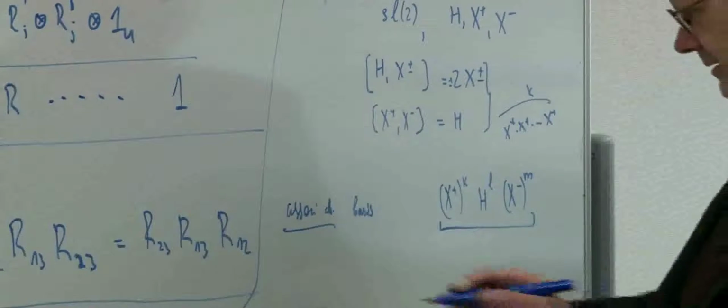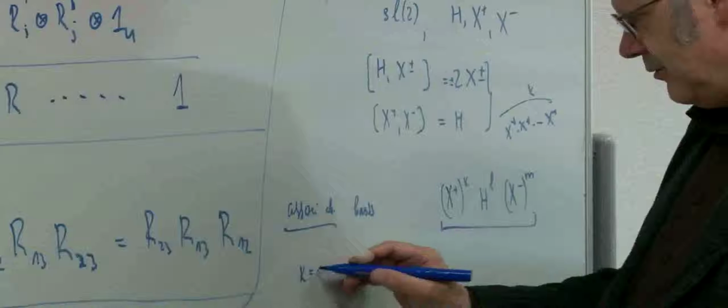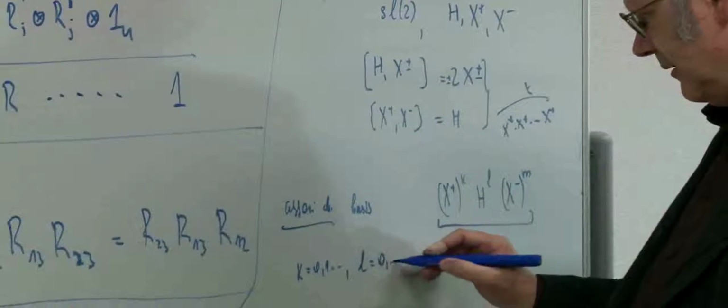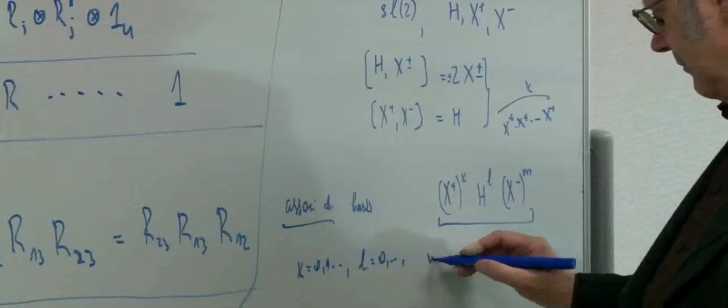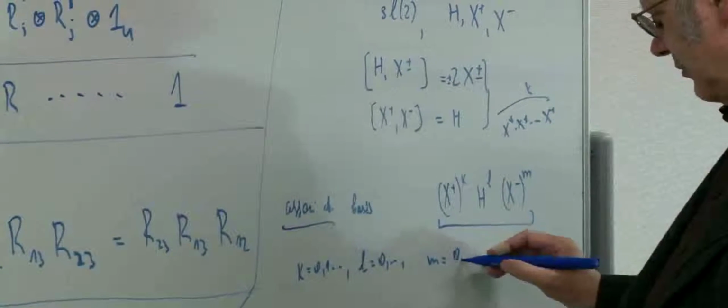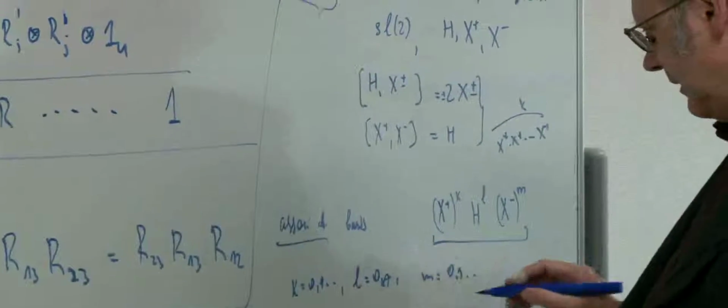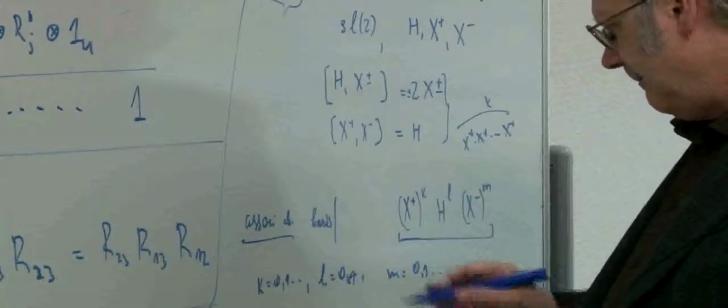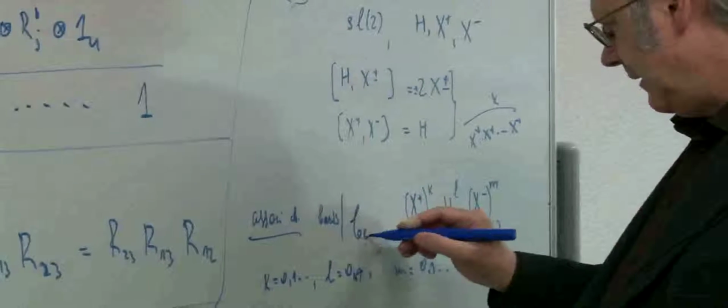And in fact, the numbers k, so k is equal to 0, 1, etc. l is equal to 0, 1, etc. And m is equal to 0, 1, etc. I can denote this basis, say, by B_klm.